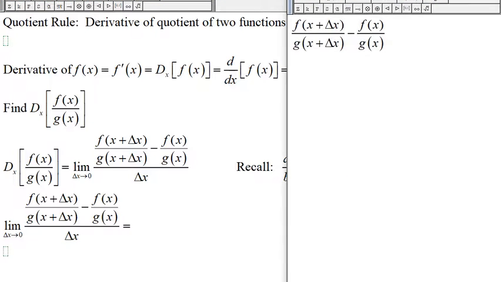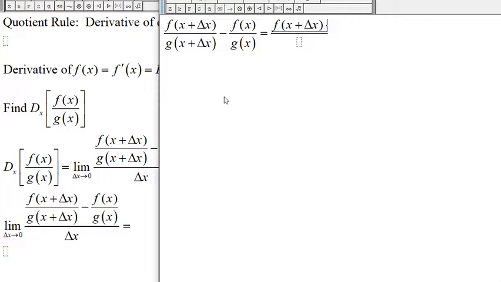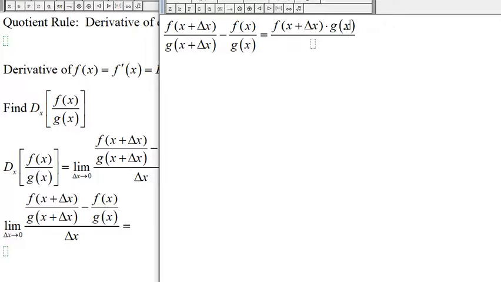So what we're going to do is we're going to cross multiply here. So this is going to be f of x plus delta x, and then times g of x, and then minus f of x times g of x plus delta x, and then dividing by the product of the two denominators.